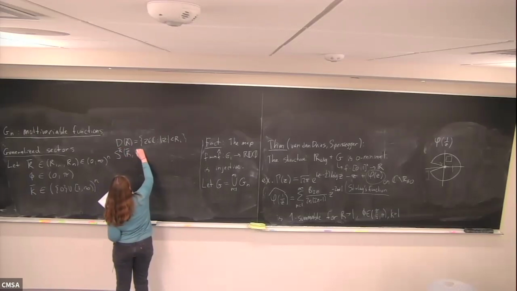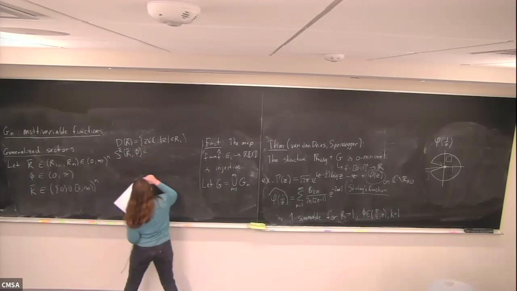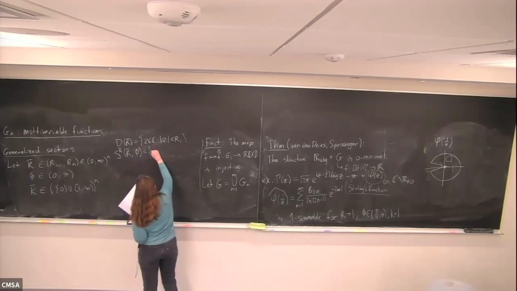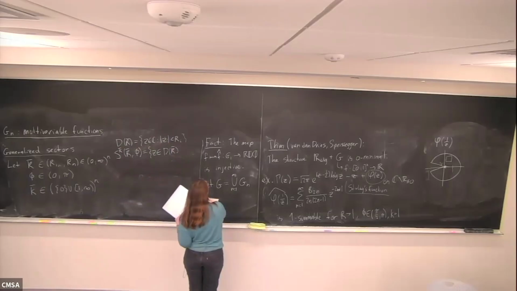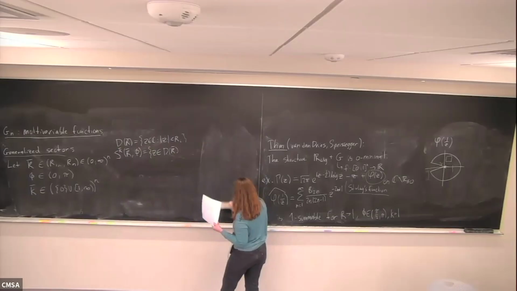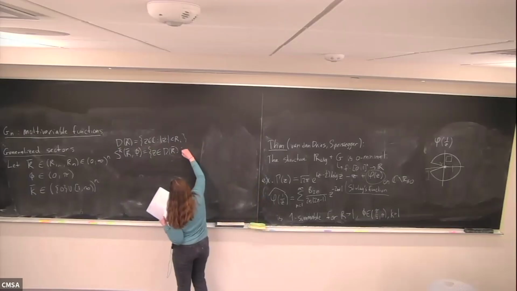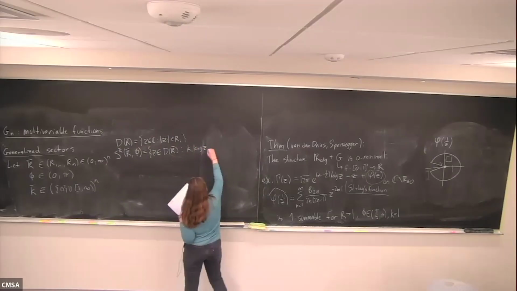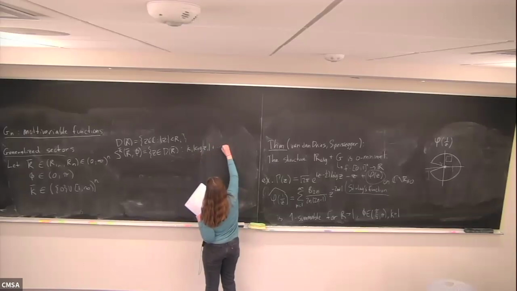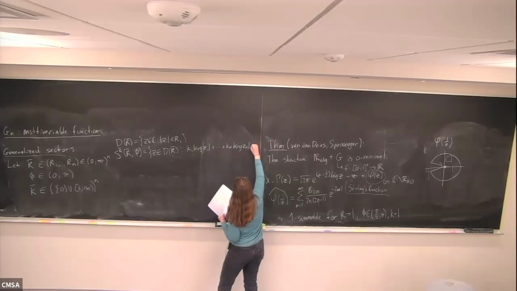And then this first generalized sector is the set of Z in the polydisk such that K_1 times the argument of Z_1 up to K_n times the argument of Z_n is bounded by phi.